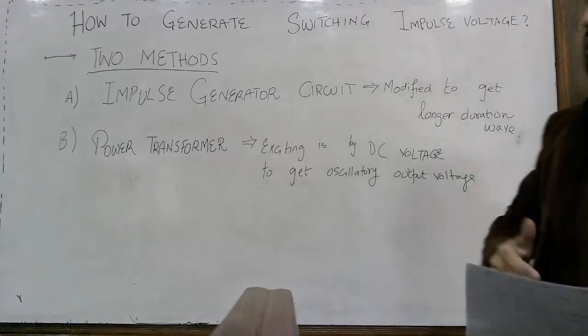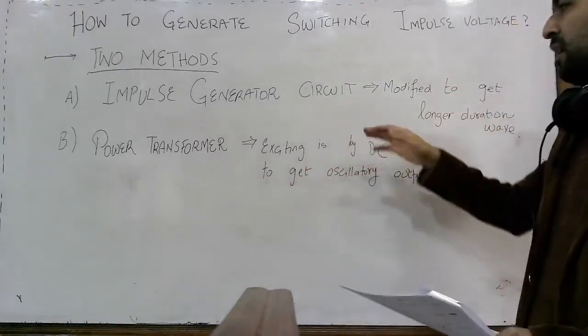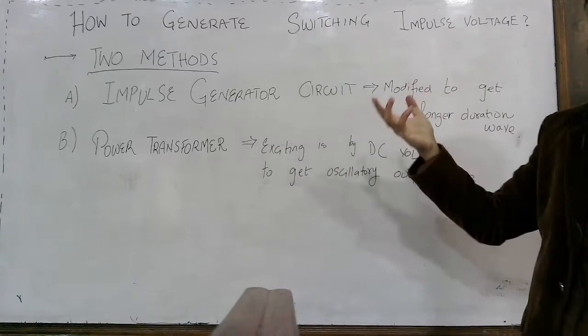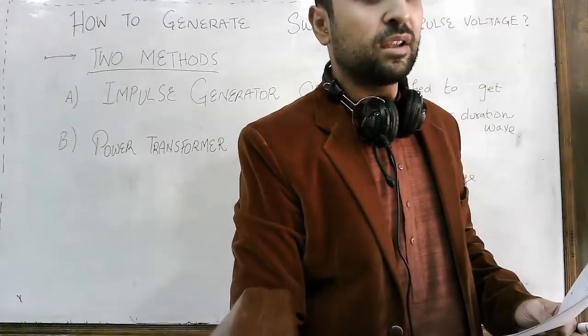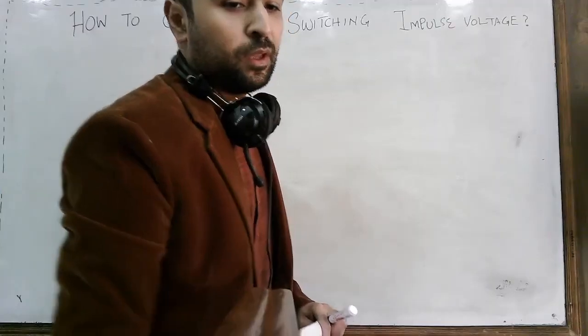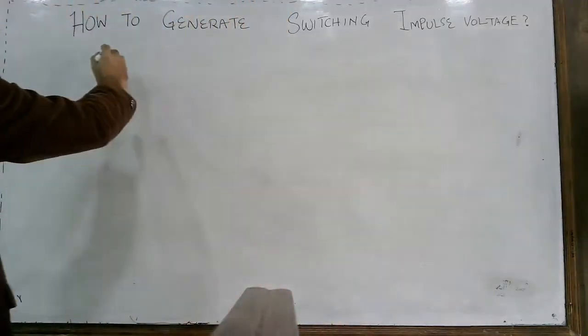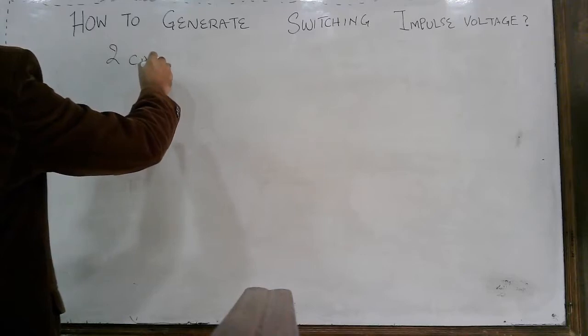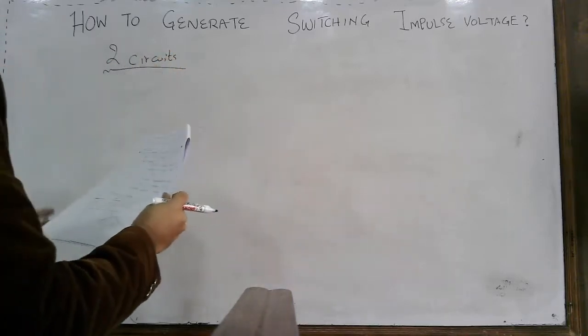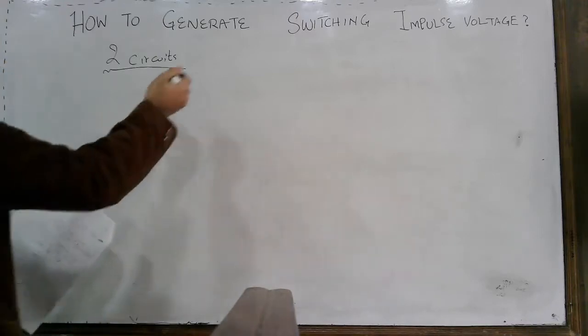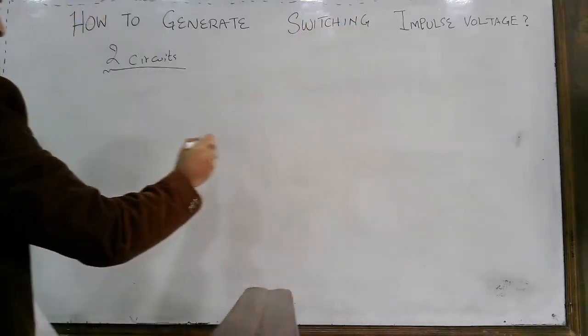So, what is an impulse generator circuit for generating switching impulse voltage? Let us see what that circuit contains. Here we have two circuits. The first circuit I am going to draw here, obviously we are going to generate an impulse voltage.